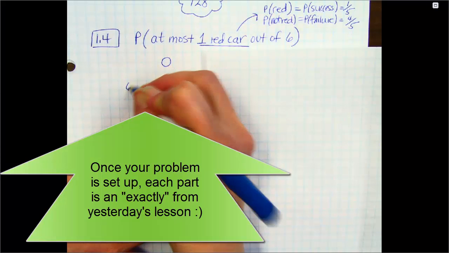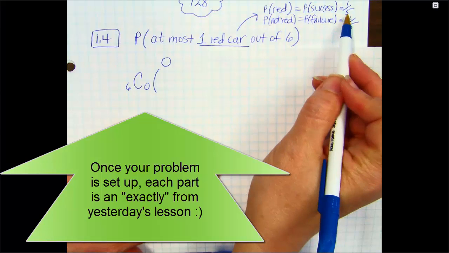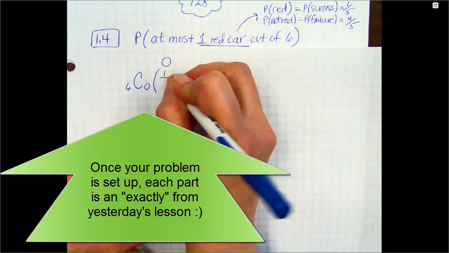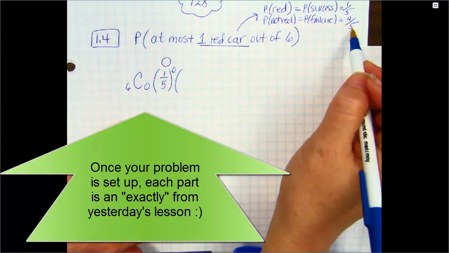Please feel free, if you understand the pattern, to fast forward and check your answers against mine. If you get it, that's fantastic, and you have a much shorter video to watch.